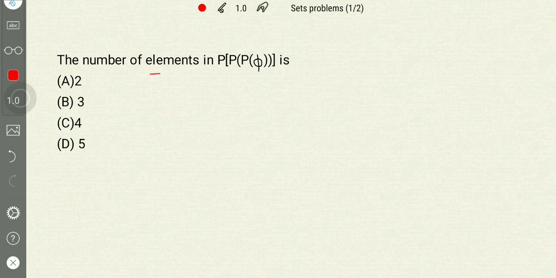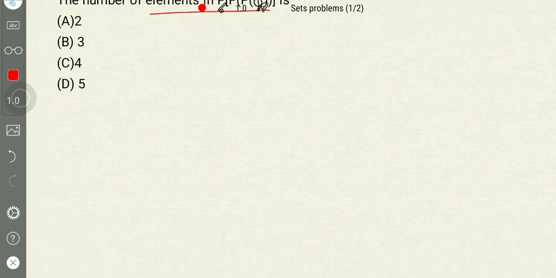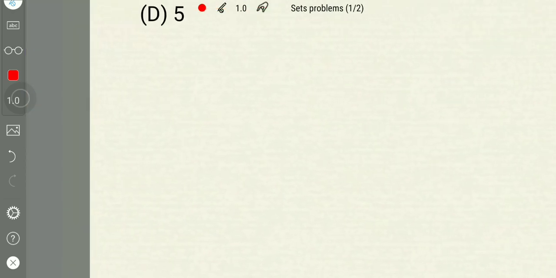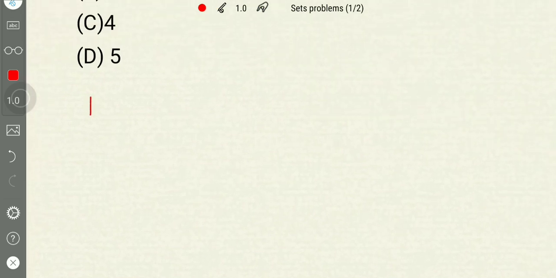Next one, the number of elements in P of P of phi is. What is P of A?